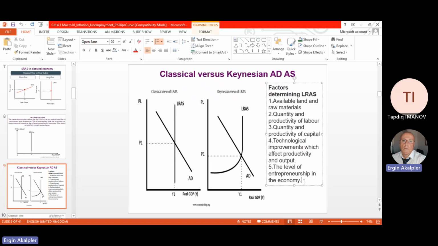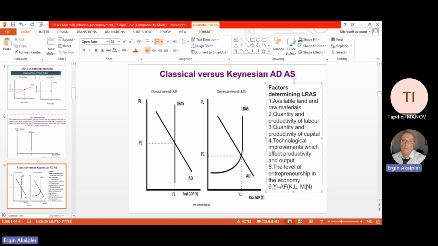I can show you the production function. If Y is the output, it is equal to A, the available technology, times a function of K and L, especially capital and labor, and also natural resources and human resources.